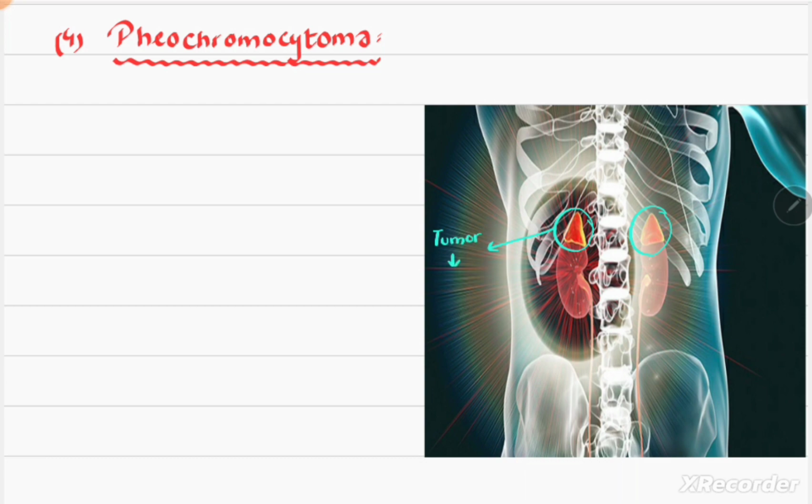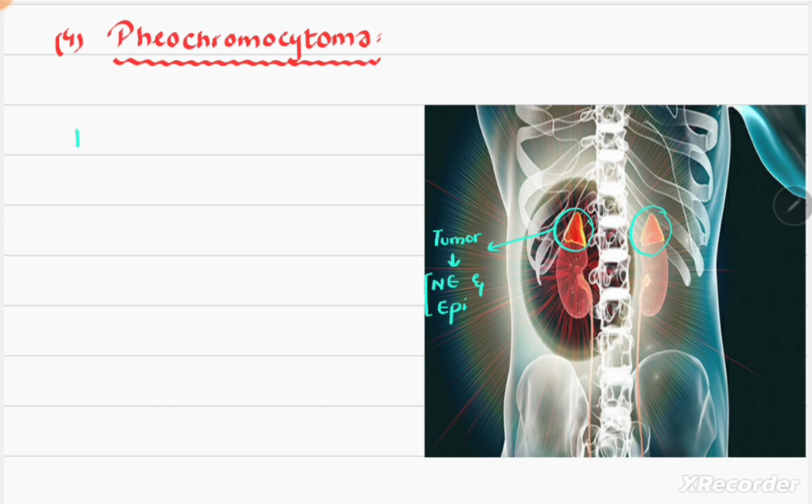This tumor releases an excessive amount of norepinephrine and epinephrine in the body, and both of these catecholamines cause an excessive sympathetic drive. So we need drugs that oppose the effect of excessive sympathetic drive.